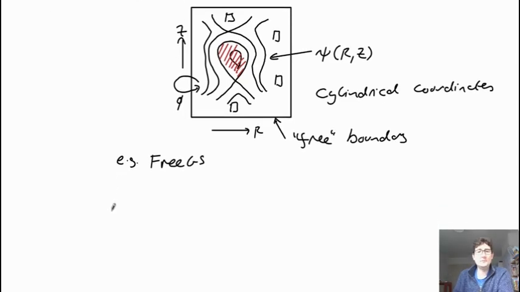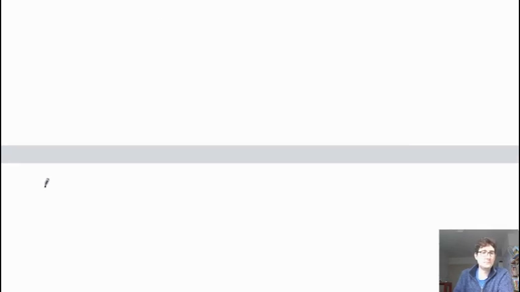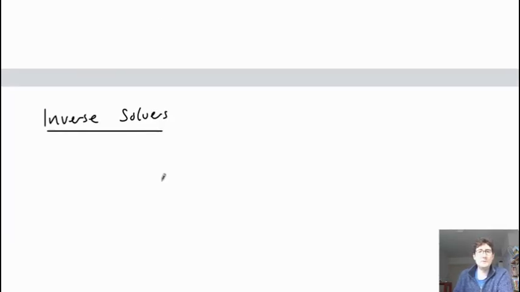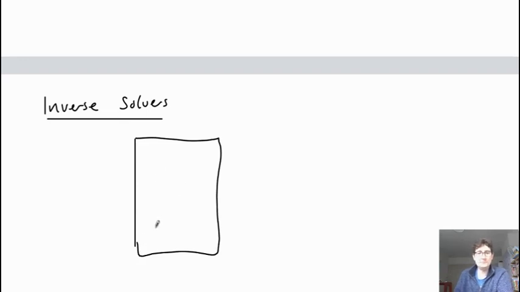Okay, finally now I want to very quickly talk about inverse solvers and what they might measure in experiments. So how do these work? If you have an experimental setup here, so we have some kind of plasma inside. What we know from the experiment is you have the coils outside.